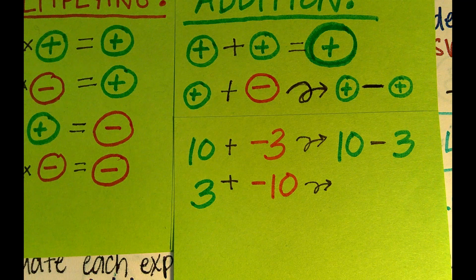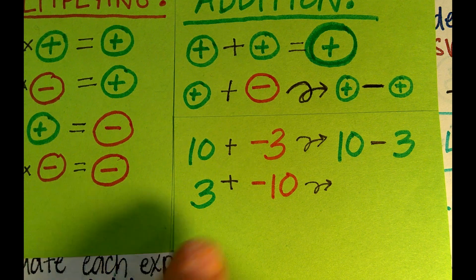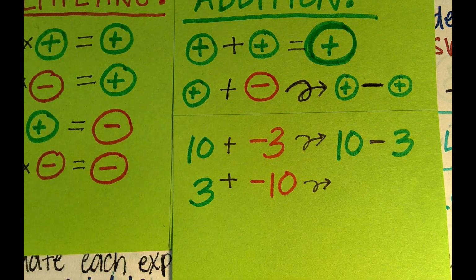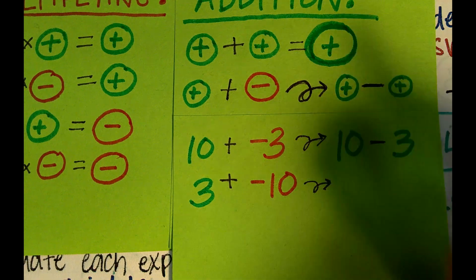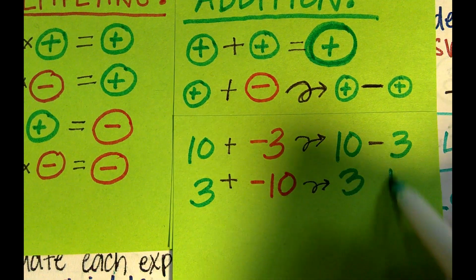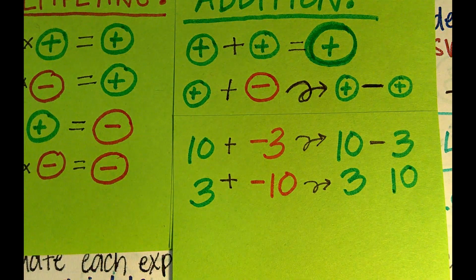It'd be opposite of what you just wrote on it. Say that one more time. It'd be opposite of what you just wrote on it, or is it the same? 3 minus. It would be opposite. Yeah, it would be 3 minus 10. Okay, so I'm going to write that. 3 take away 10.